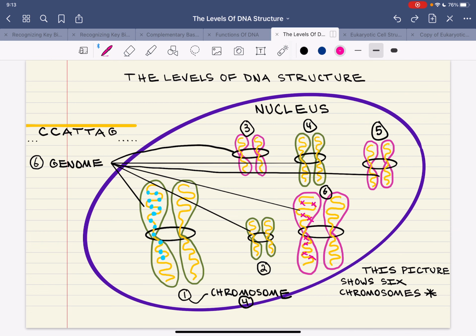So I'm just going to focus on one, and it's between the X's. There we go. I'm going to label that. And it's kind of confusing because I numbered the chromosomes.